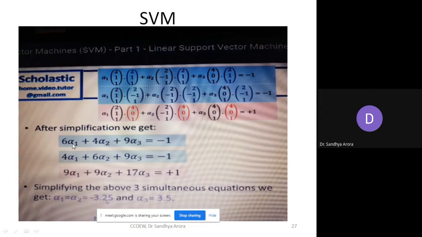So you will have 6 alpha 1. Here you will have 2 twos are 4, minus 1, plus 1, that is 4 alpha 2. Here, 4 multiplied by 2 is 8, 0 multiplied by 1 is 0, 1 multiplied by 1 is 1. So 8 plus 1 is 9, so it is 9 alpha 3.